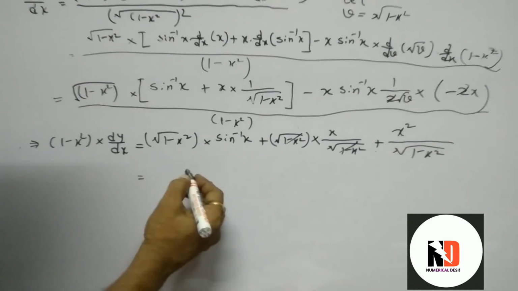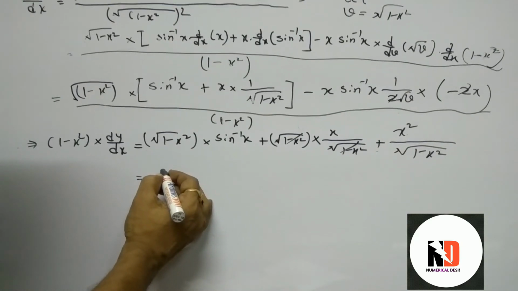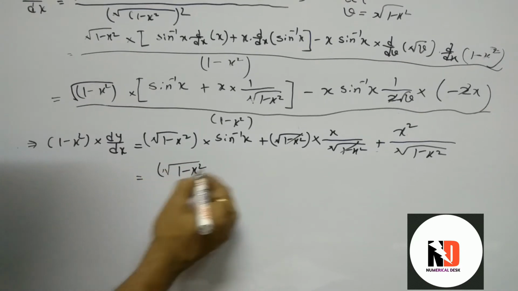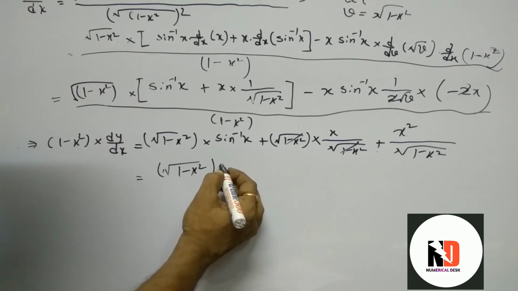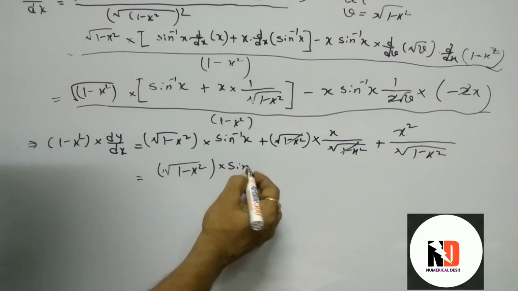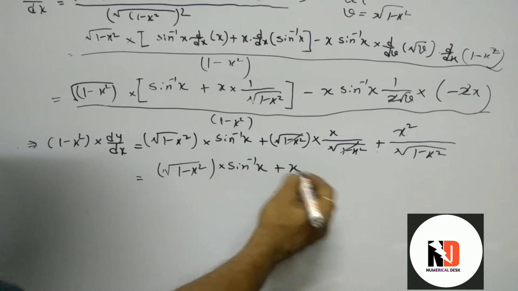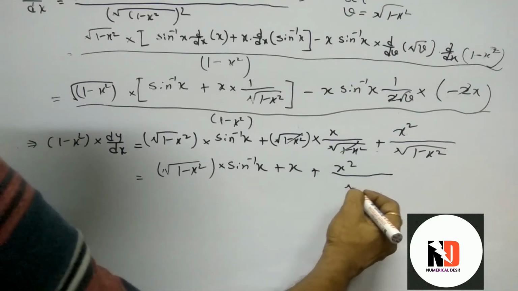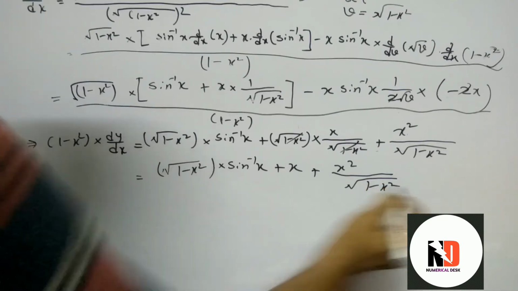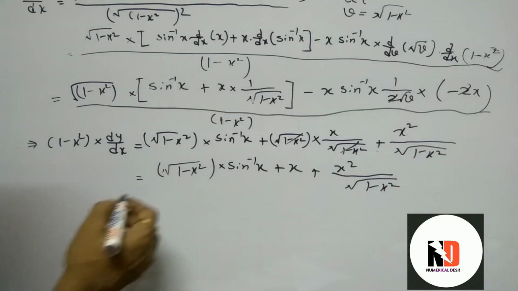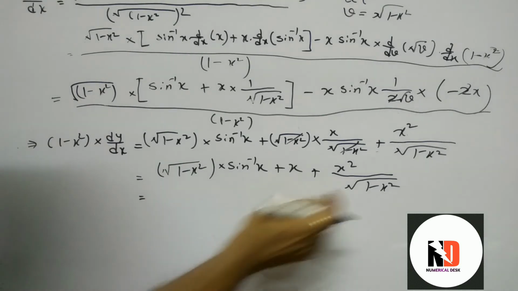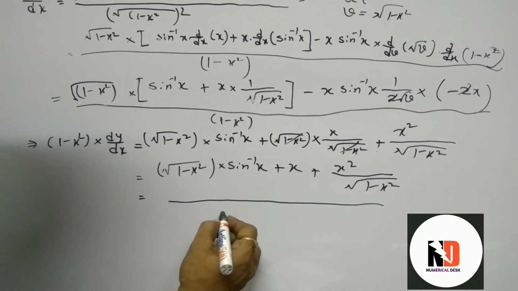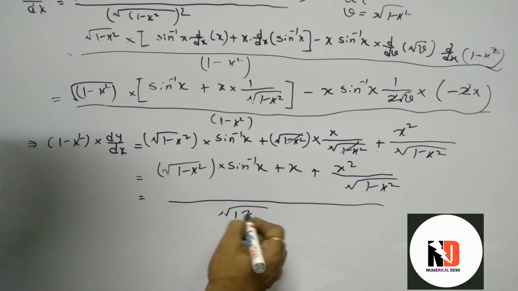This will cancel and only x remains. So let us write down the x at first. Now the second term is x, because in the proof we have been asked for x plus y by x, so x should be written at first.